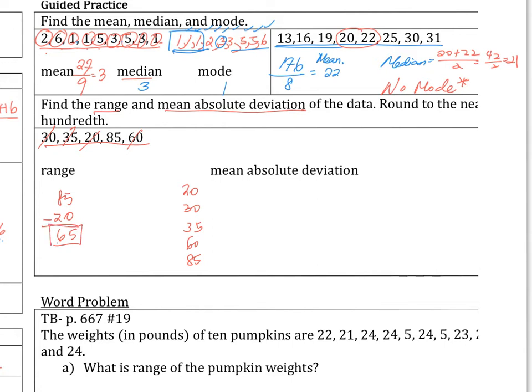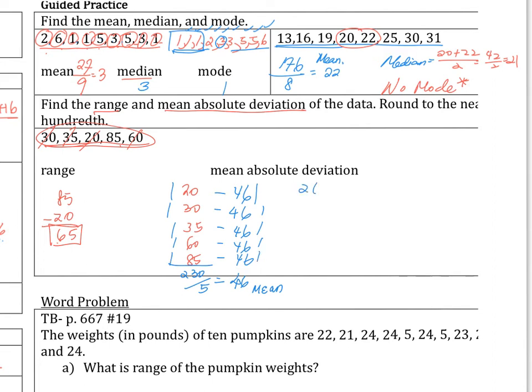And then we're going to have to do the average, the mean of all of these values. So the total of all these values is 230. And since there are 5 values, we need to divide by 5. So this is 46, the mean. Now we need to subtract each of these from 46 and find the absolute value of each.